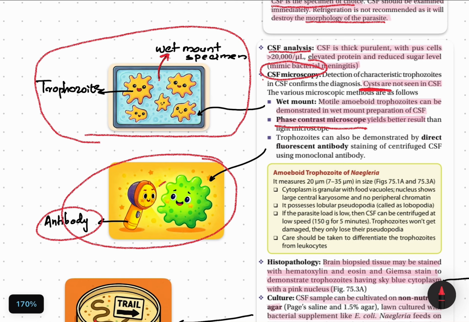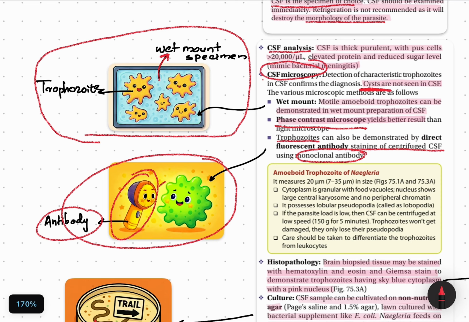So trophozoites can also be demonstrated by direct fluorescent antibody staining of the centrifuged CSF, and you are using a monoclonal antibody. Since it is a monoclonal antibody, I have added only one antibody here.